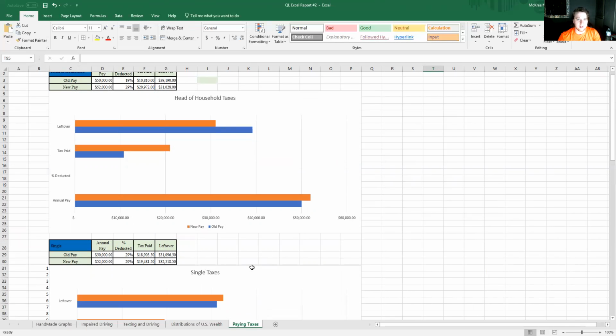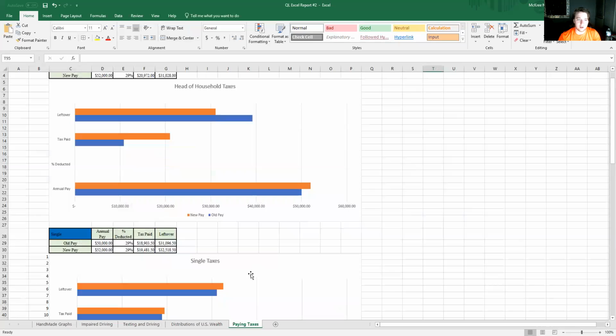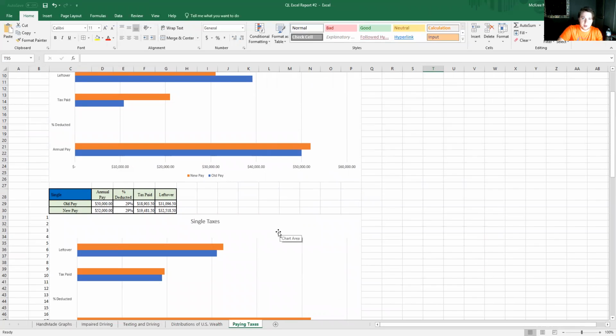It shows that getting a raise is sometimes not worth it, unless you're at the top of your tax bracket and haven't carried over. Sitting at the bottom, you get taxed really hard, and you're going to pay as much as someone who's making $2,000 or $3,000 more than you. So you definitely want to watch your tax brackets.